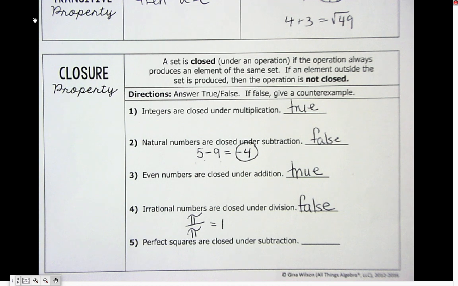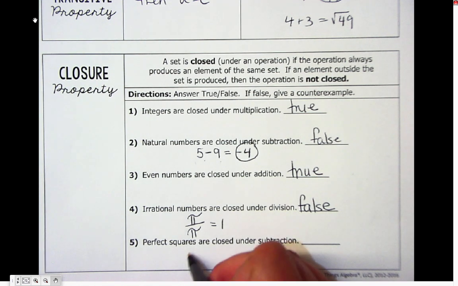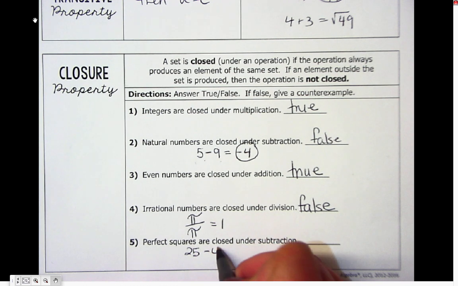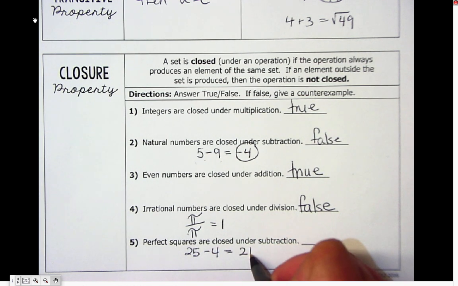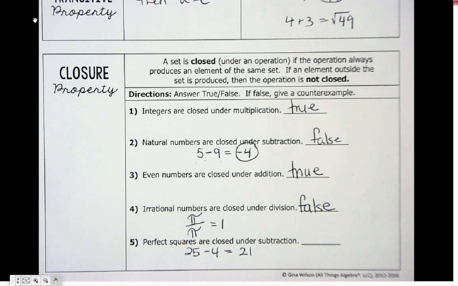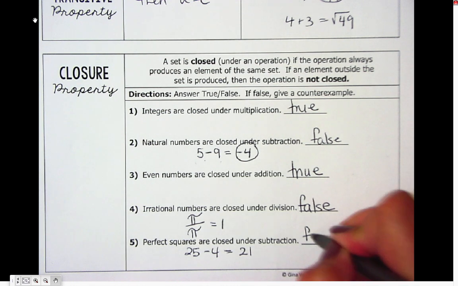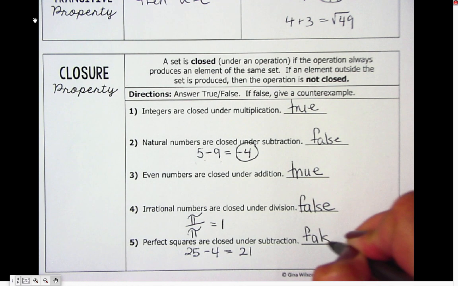And then perfect squares are closed under subtraction. If I subtract two perfect squares, it is possible for me to get a number that's not a perfect square. So perfect squares are not closed under subtraction.